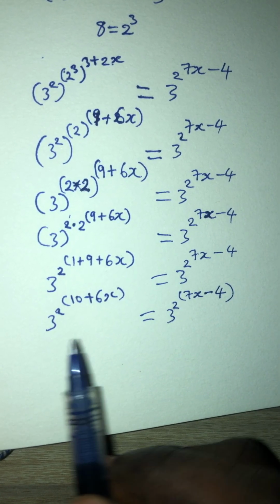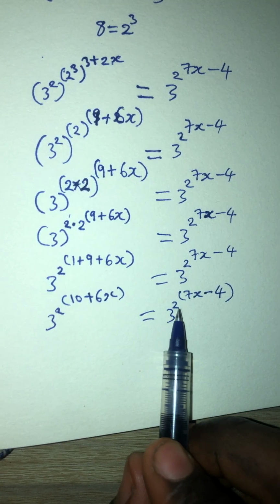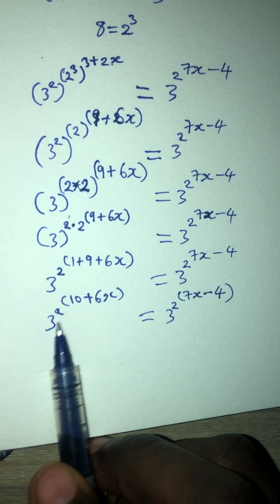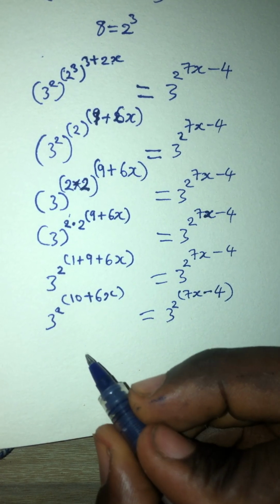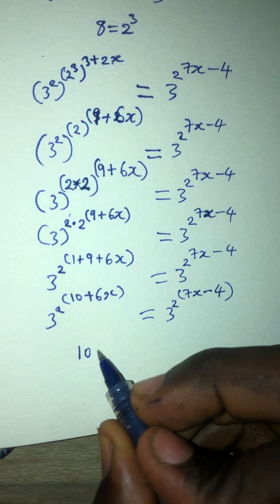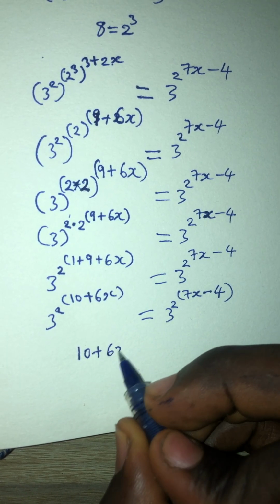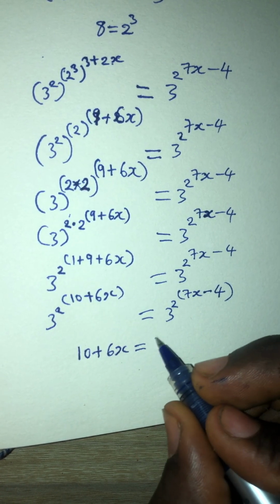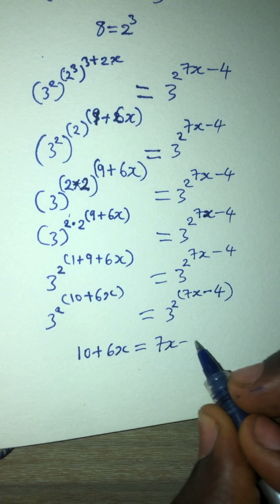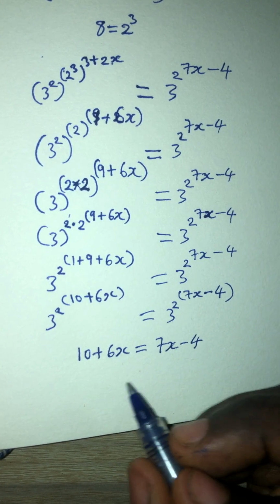And because the bases are the same, 3 raised to power 2 and 3 raised to power 2, we can literally say that 10 plus 6x is equal to 7x minus 4.